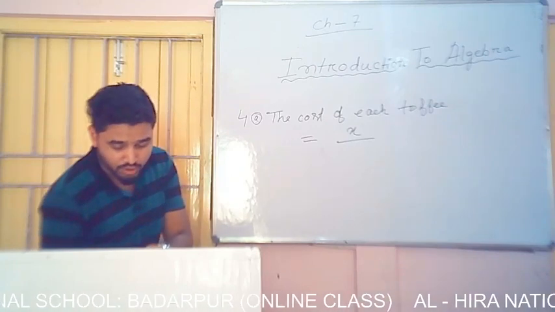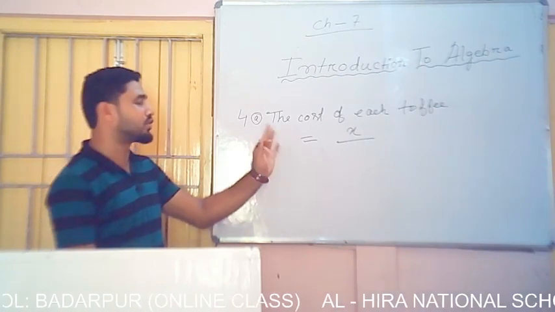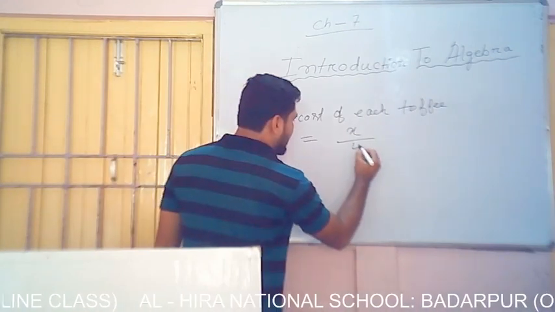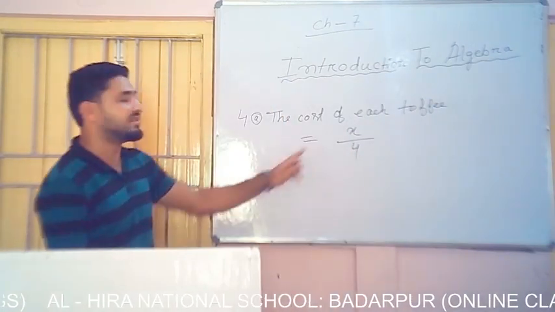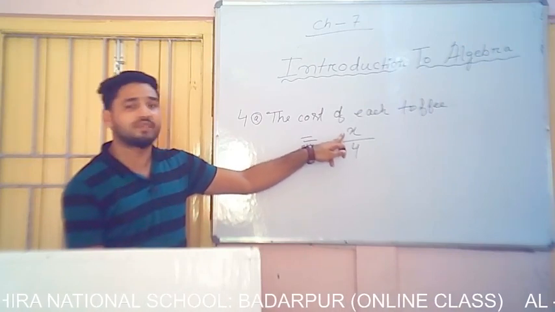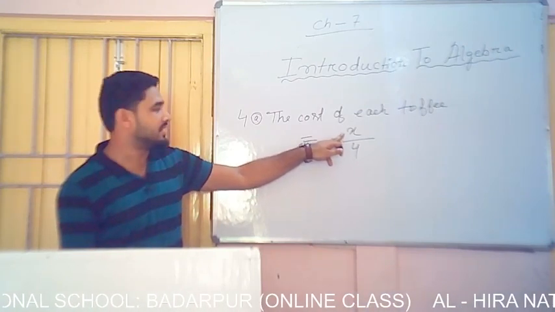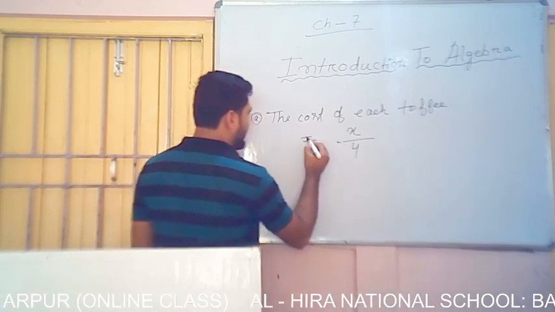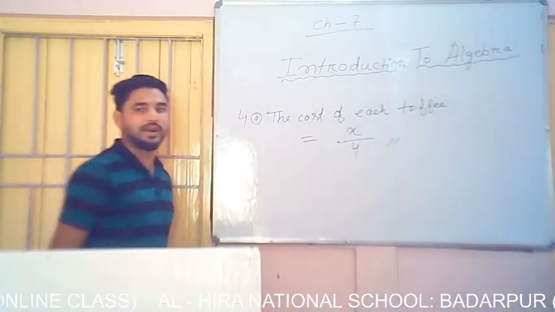Here are 4 toffees, and if we divide by the total number of toffees, then we will get the answer. This is the total cost of the 4 toffees, and if we divide by the number, then we will get it. So this is the required answer.